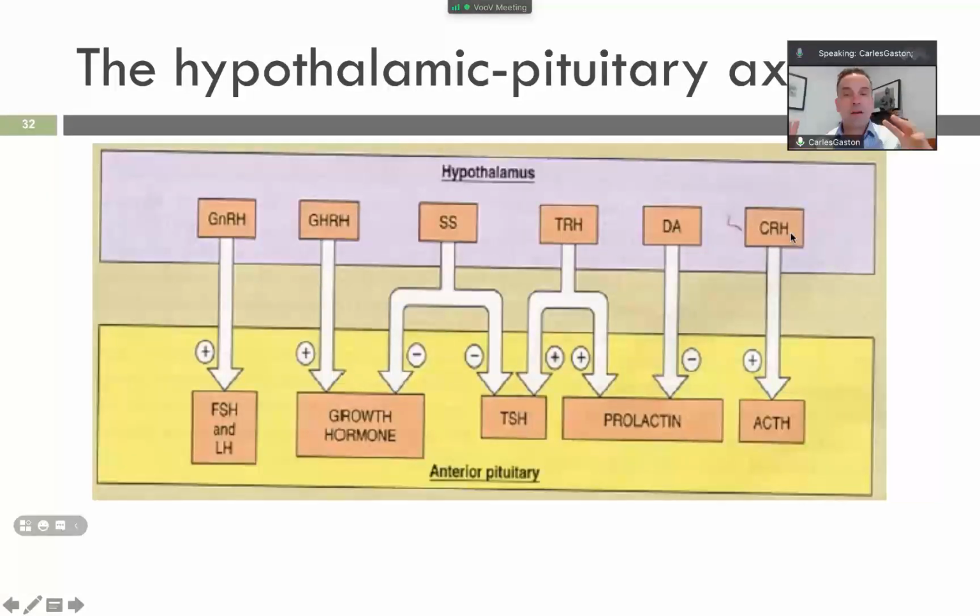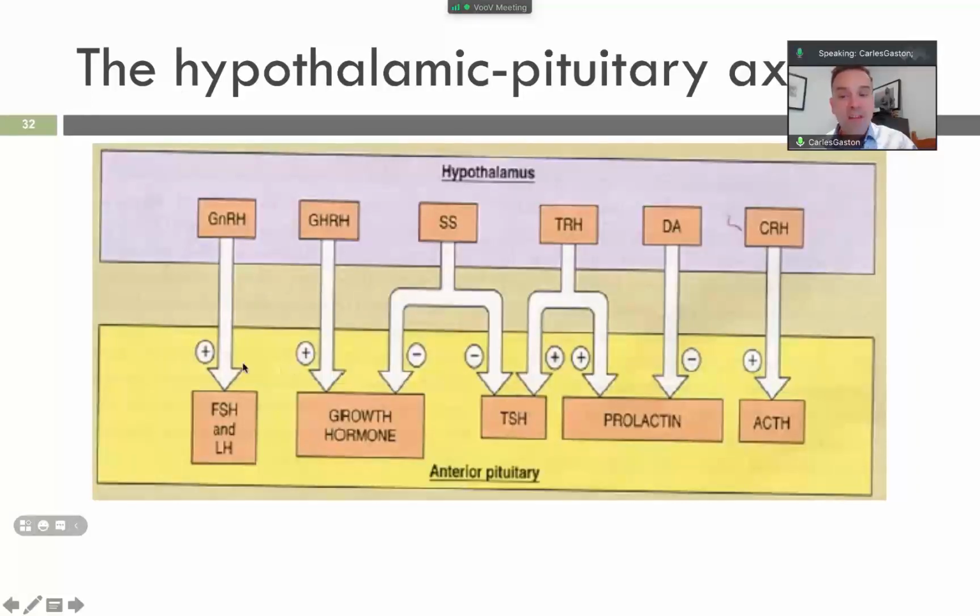These neuropeptides, or releasing hormones as we call them, have an impact on the pituitary gland and activate certain cell types to secrete certain hormones.